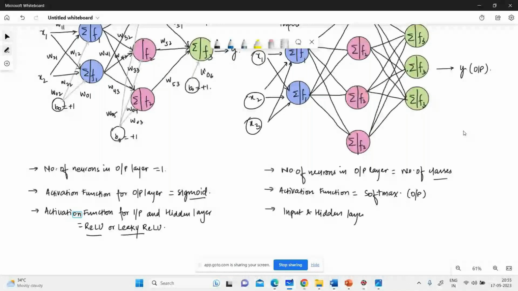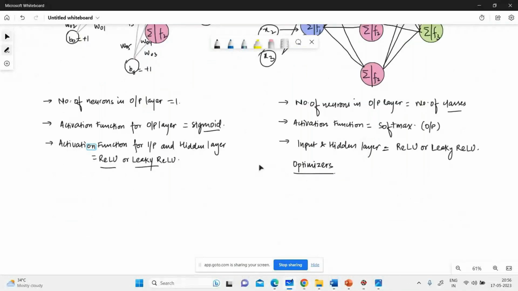Optimizers. As I discussed, optimizers are very important because they build our model. Majorly, this optimizes my error value. If error is minimized, then only you will get the adjusted weights. So the best optimizer in classification is known as Adam.